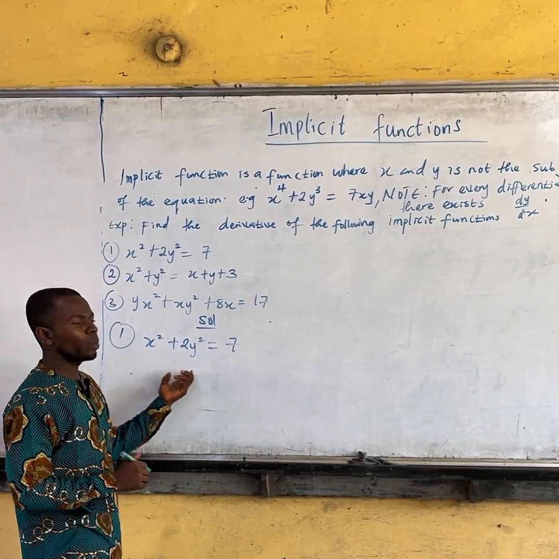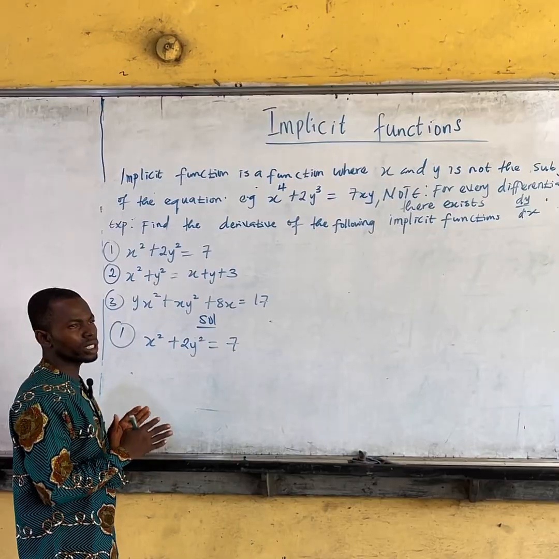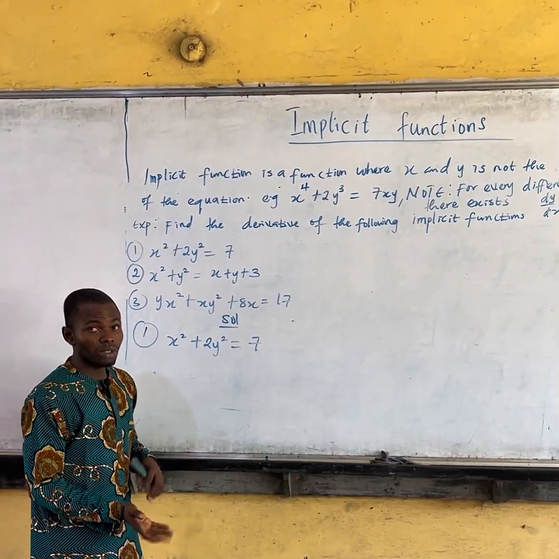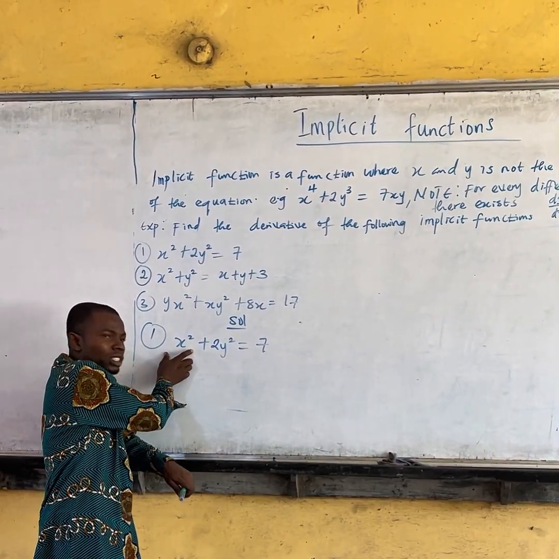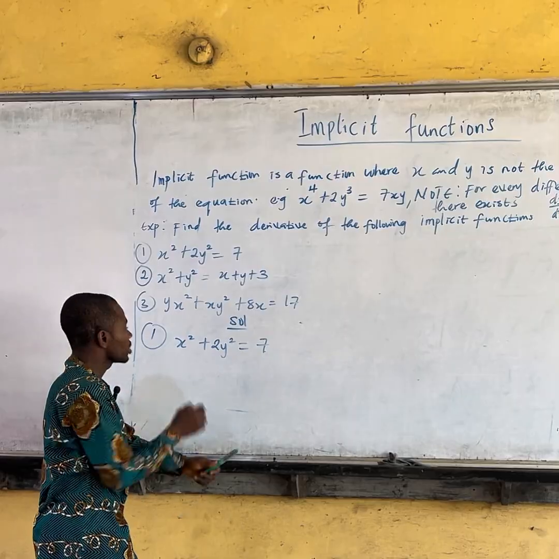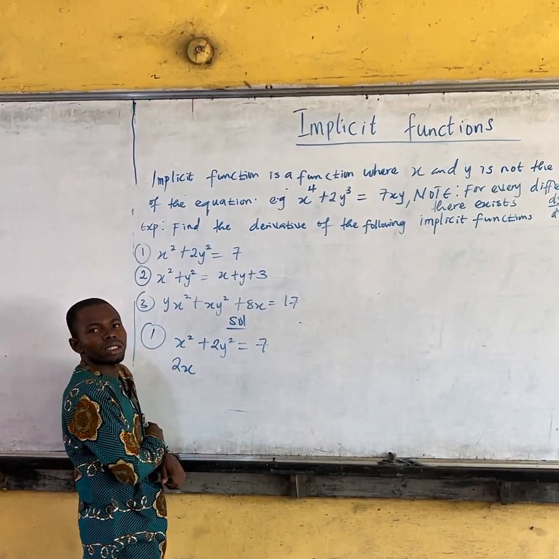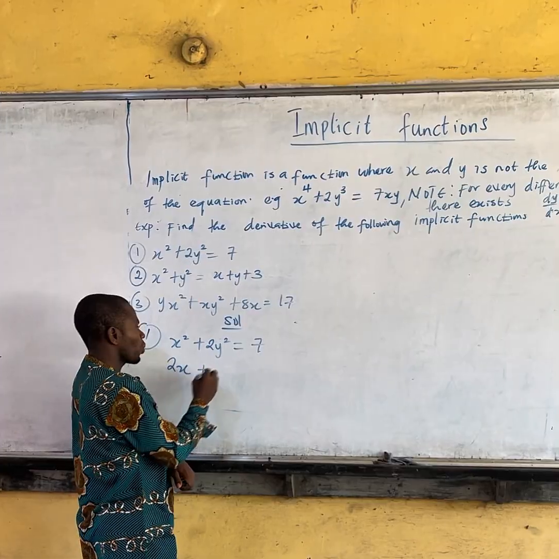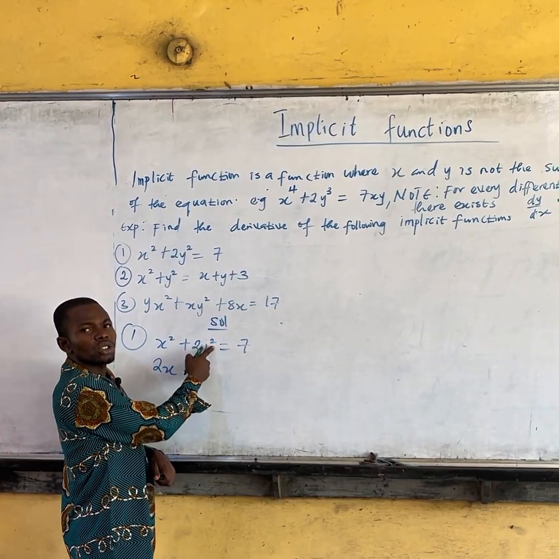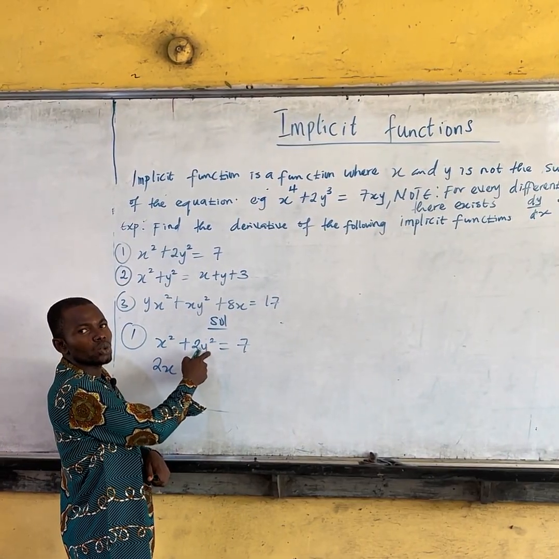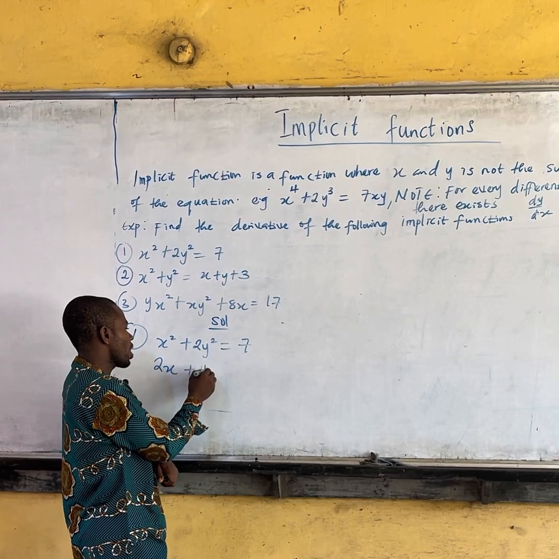Now, for this kind of implicit function, you just differentiate based on the nature of the question. This is ordinary x squared, I will differentiate directly. If I differentiate x squared, it will give me 2x. Plus, if I differentiate 2y squared, it will give me 2y times 2, we have 4y.